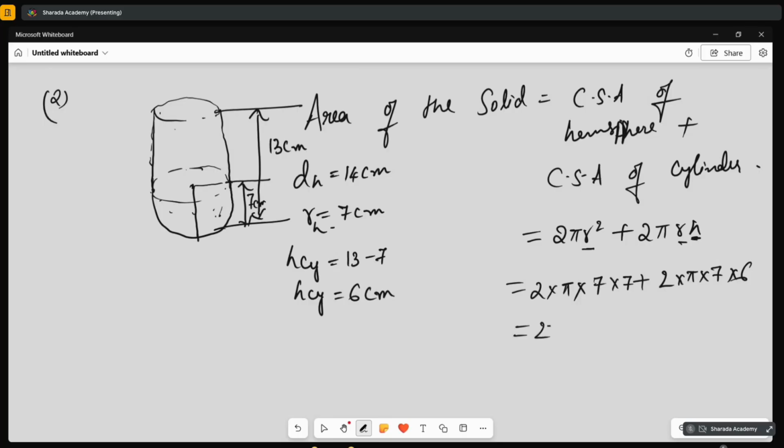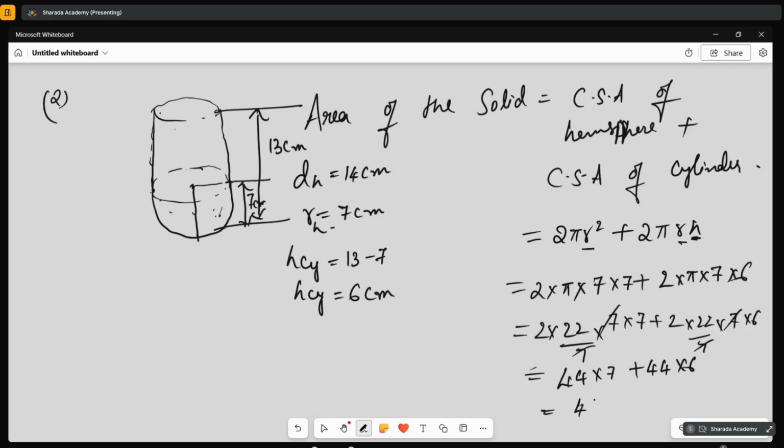So 2 into 22 by 7 into 7 into 7 plus 2 into 22 by 7 into 7 into 6. So it is 44 into 7 plus 44 into 6. You can take 44 common, 7 plus 6, so that will be 44 into 13, which is 572. And since it's an area, it is centimeter square.